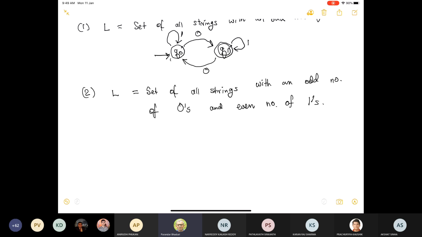Think of this machine extended in 2 dimensions.